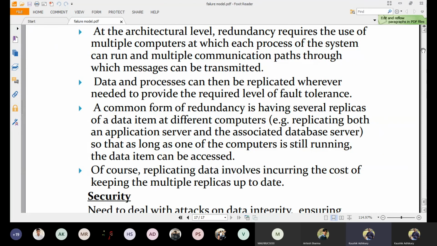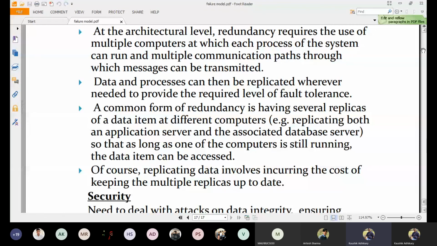A common form of redundancy is having several copies of the data items at different computers, that is, replicating both an application server and the associated database server, so that as long as one of the computers is still running, the data items can also be accessed.